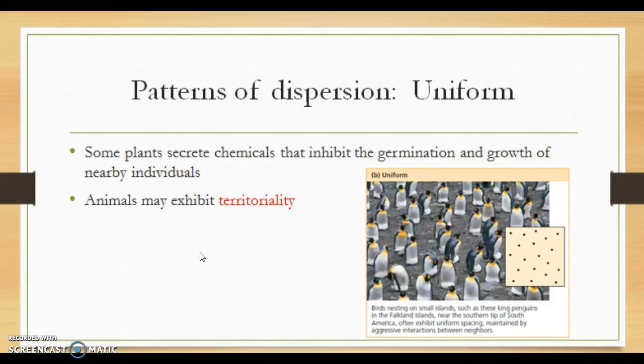Pine trees kind of do this because they make soil acidic, so a pine tree will grow and it's very acidic around that pine tree, so no other plants can grow. Animals do this through exhibiting territoriality, where they kind of claim their own space and they'll bump heads with anyone that tries to invade their personal bubble.